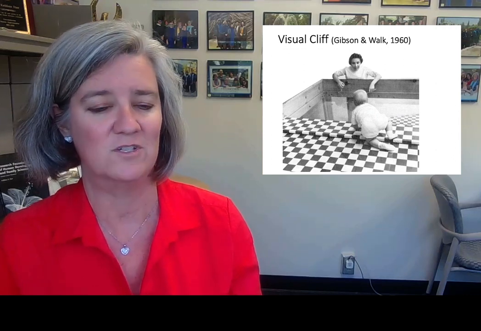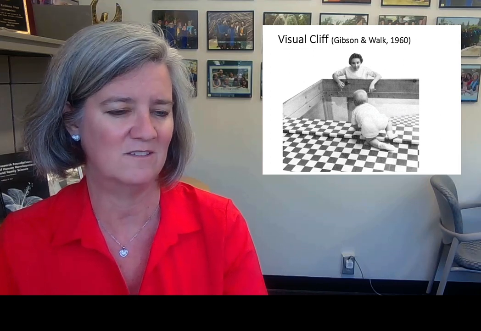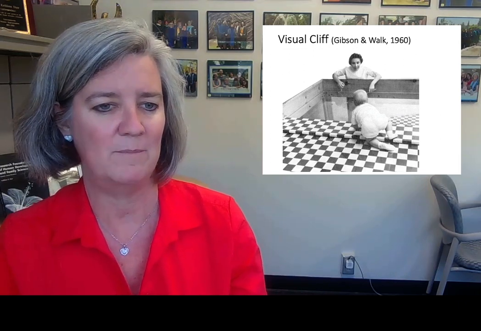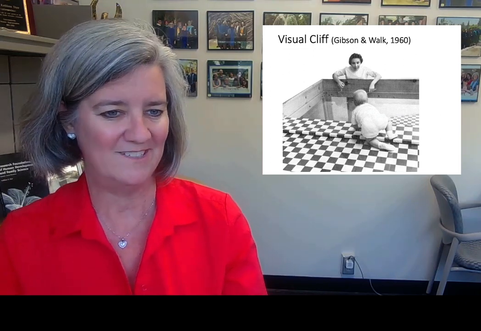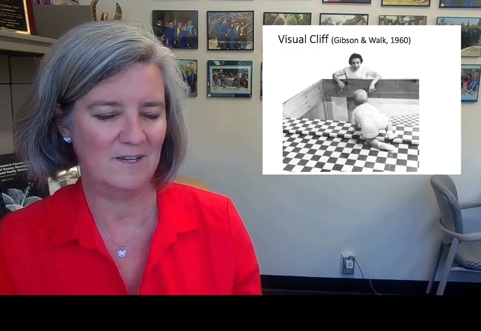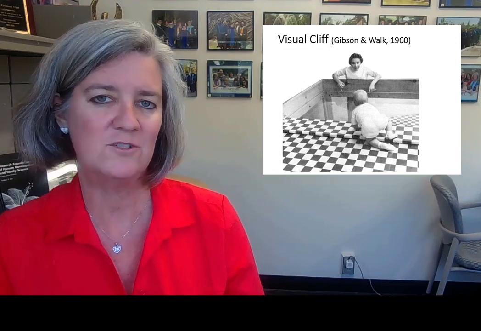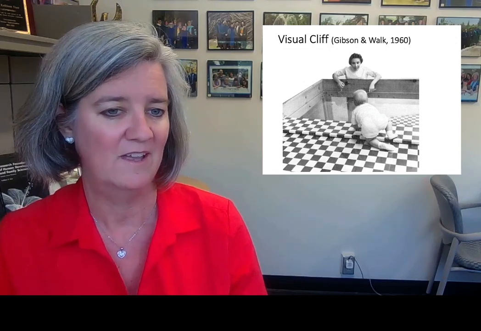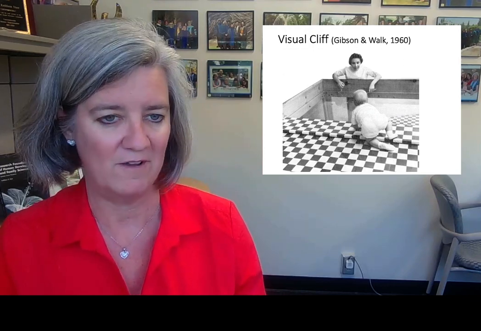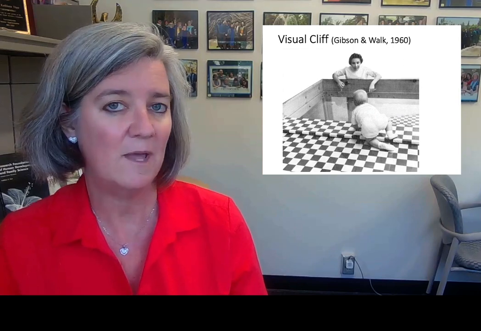Another famous one, published in 1960, is the so-called visual cliff, and developmental scientists are still using versions of the visual cliff. In this case, there is a sheet of plexiglass across the top, so that the baby is not about to fall, but an illusion has been created with patterned paper, so that visually it might look to the baby as if there's a drop-off. And this can be used to measure things like depth perception.